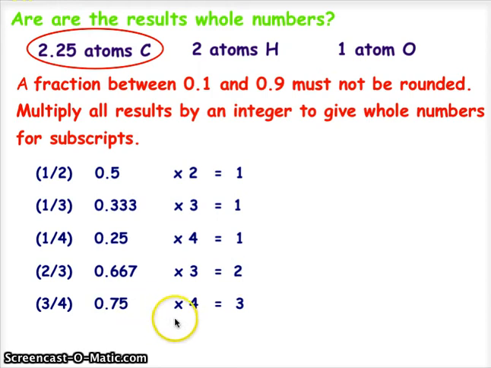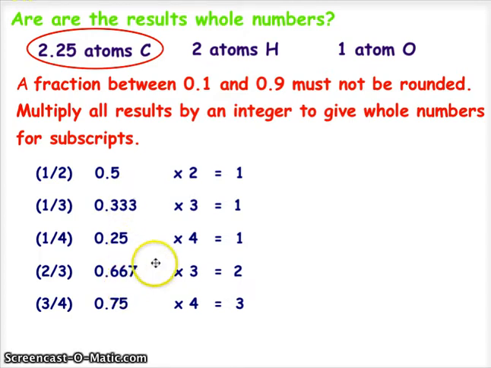And 0.75, we're going to multiply by 4 to actually get 3 values. All the other values will simply round. So anything 0.1 or 0.2 round down, 0.8 or 0.9 round up, and everything else in between is covered here.